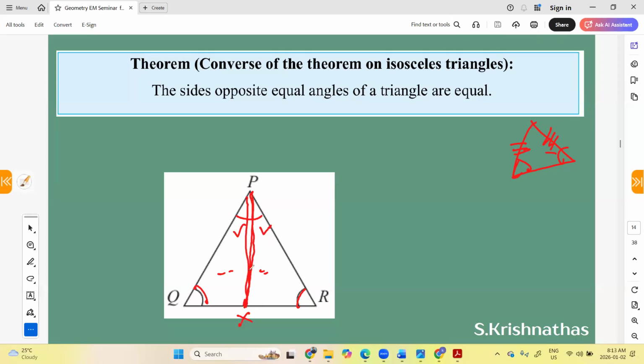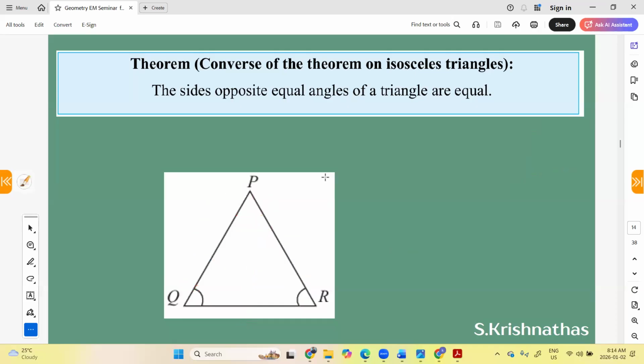So these two triangles are congruent, angle angle side. Therefore, corresponding elements are equal, these two sides are equal. Okay, this is the formal proof of the theorem, right?